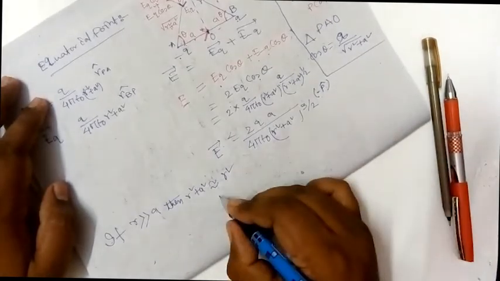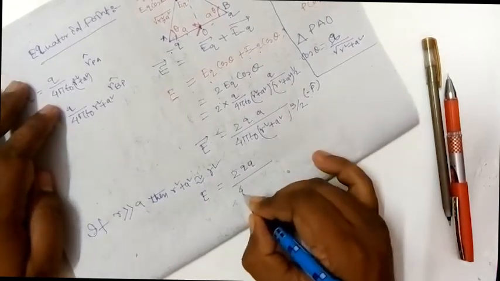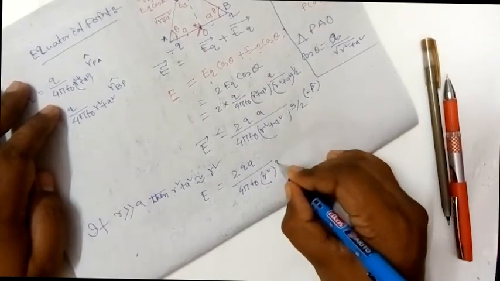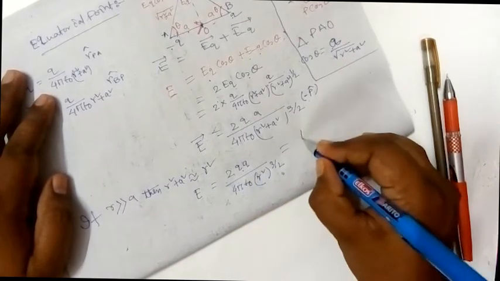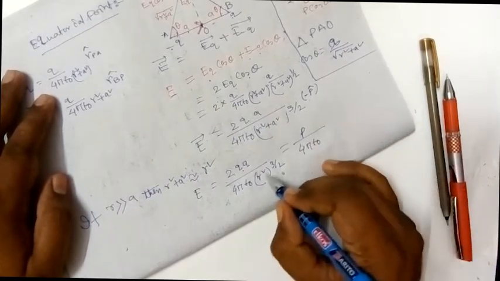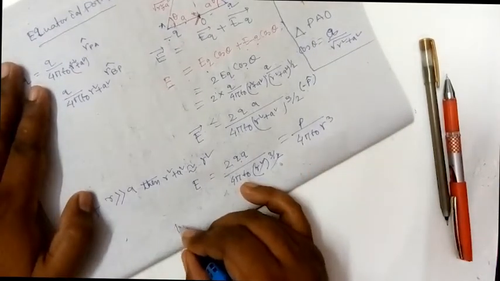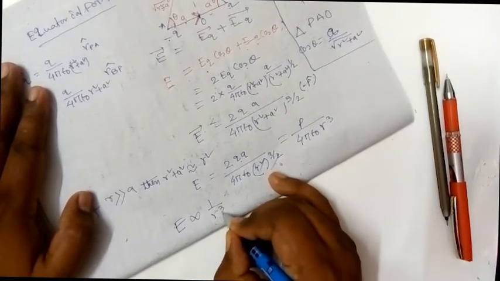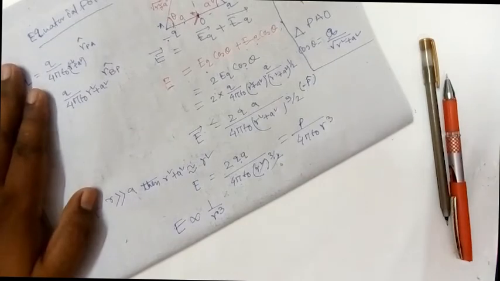So if I put the value here, E equals twice into Q into A by 4 pi epsilon naught R square into 3 by 2. By the way, this twice Q into A, that is twice A into Q, is P. So P by 4 pi epsilon naught, you see the 2 will be cancelled out, it is R cube. So here also we can say the electric field for a dipole is inversely proportional to R cube.